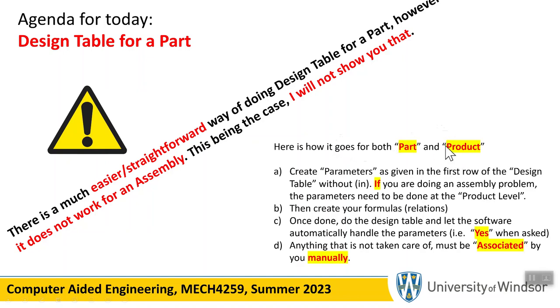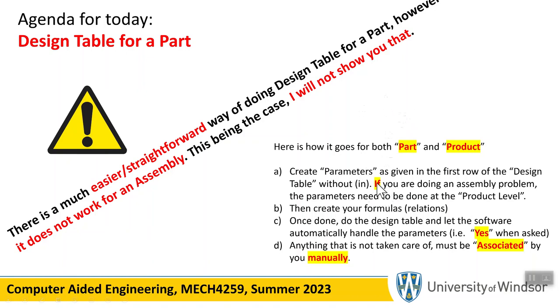So first of all, here's how it works. Whether you have a part or a product, this is the sequence of events you follow. You create the parameters as shown in the design table, in the Excel spreadsheet. We'll get to that in a minute. But don't put any units next to them, because I'll be more specific when we get down to that.